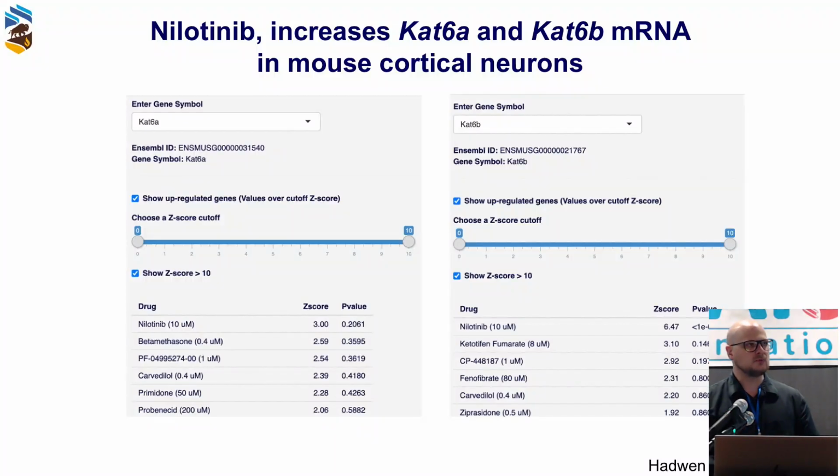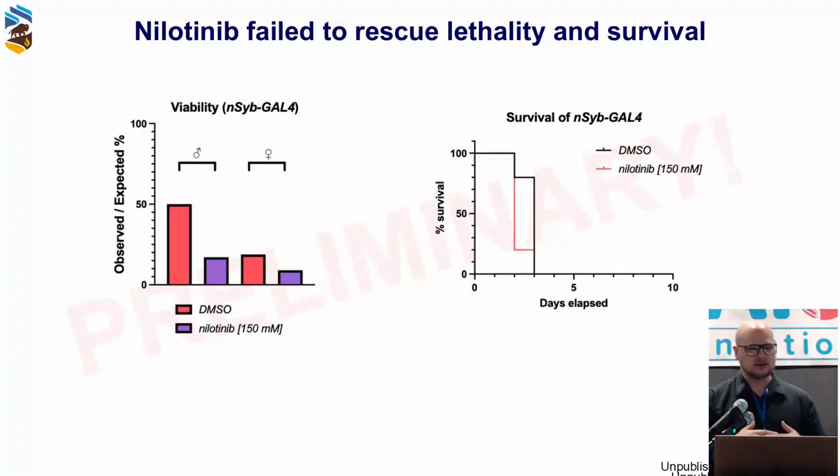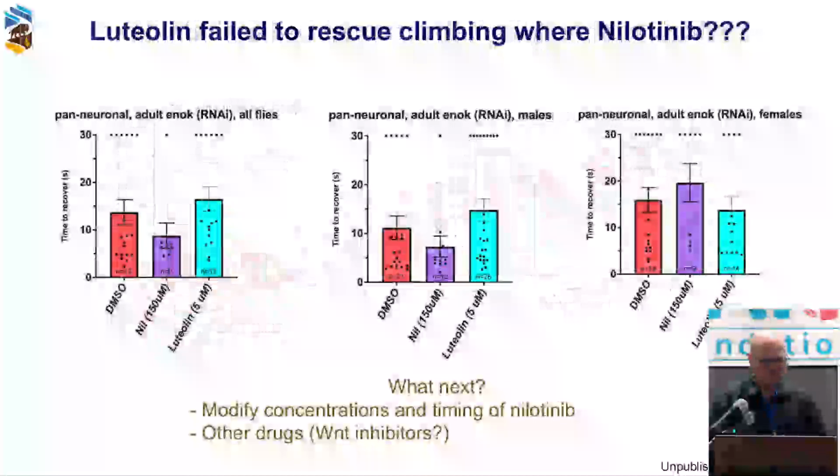Our preliminary data, when we knock down ENOC in developing neurons and we don't get an adult fly, except for at that 22-degree temperature, we didn't do an extensive study because it clearly just wasn't rescuing at the concentration that we tested. So we moved into our adult-specific model.